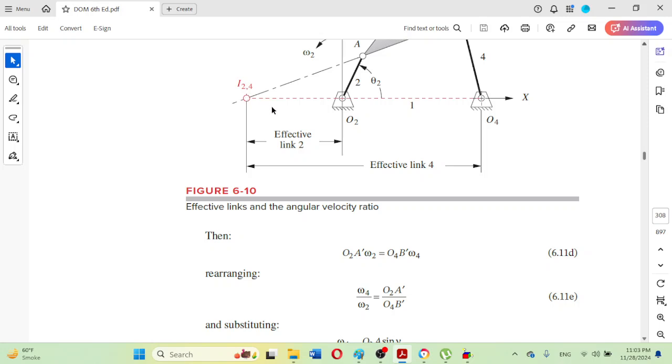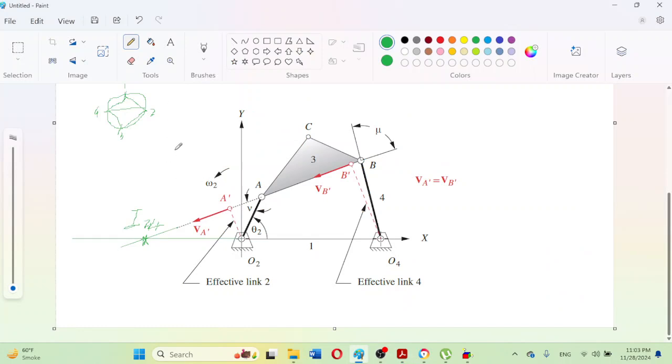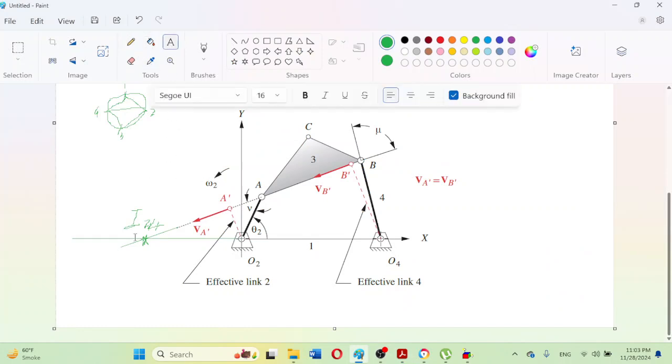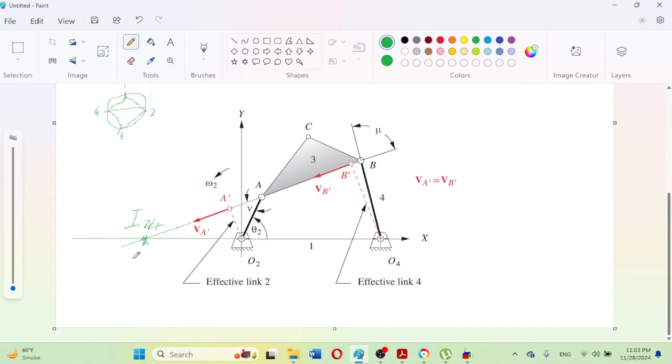So A dash and B dash are both points at I2,4. Here, this is point A dash, and again point B dash is also the same here.